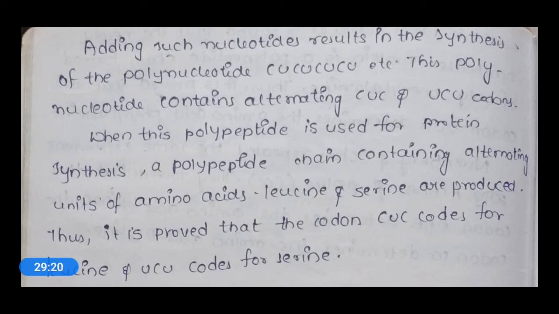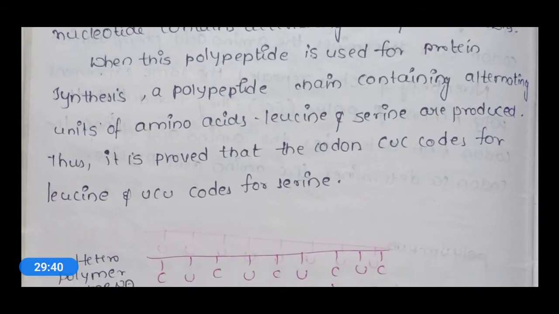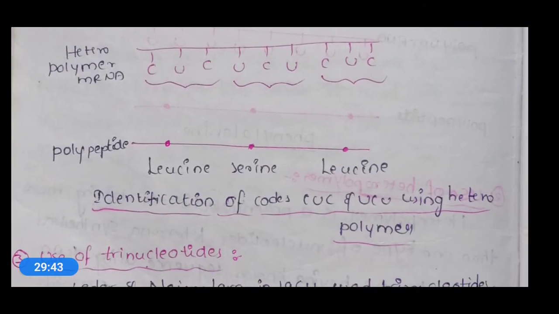As the CUC and UCU codons are present in an alternating manner, leucine and serine are also present in the polypeptide chain in an alternating manner. Thus it is proved that the codon CUC codes for leucine and UCU codes for serine.